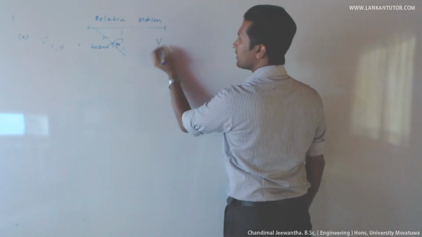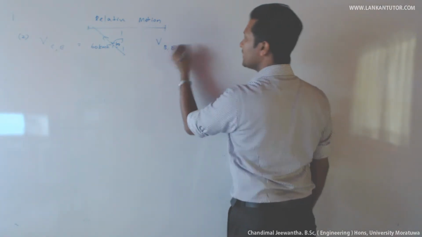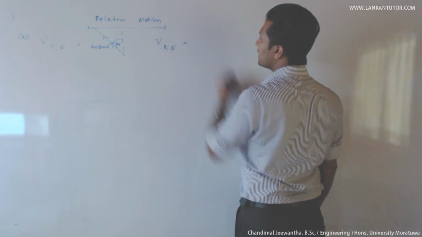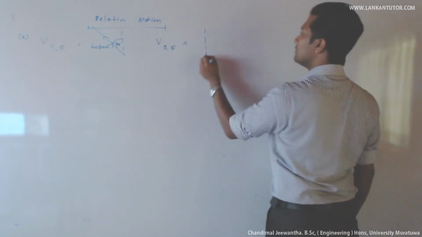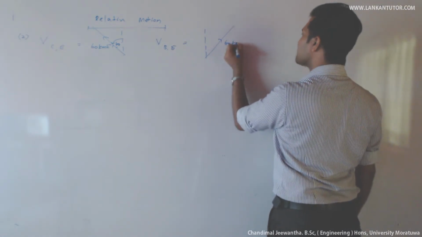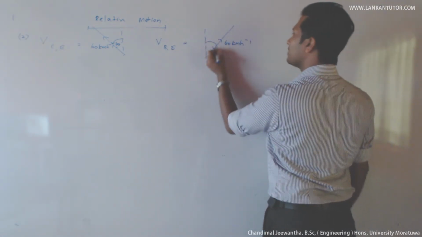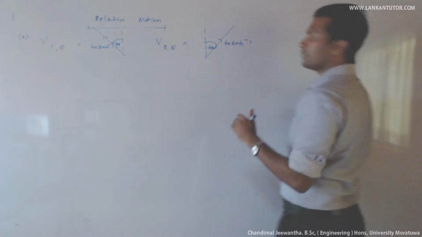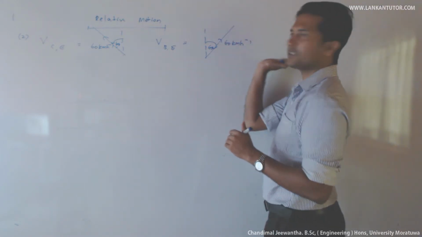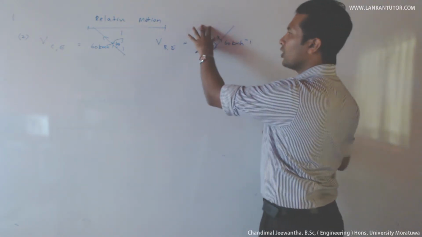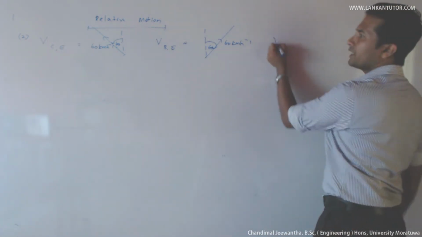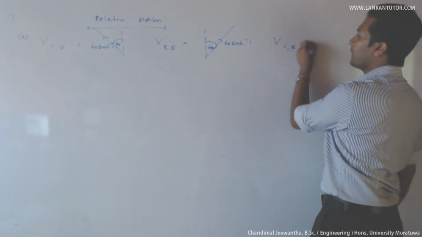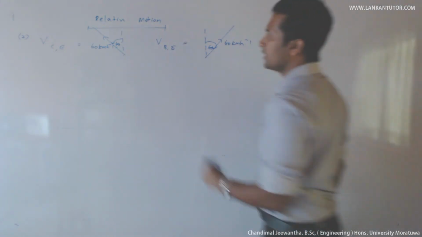The velocity of bus relative to the earth is again 60 kilometers per hour at an angle of 60 respective to the north towards east. Then what you have to find is VCB.